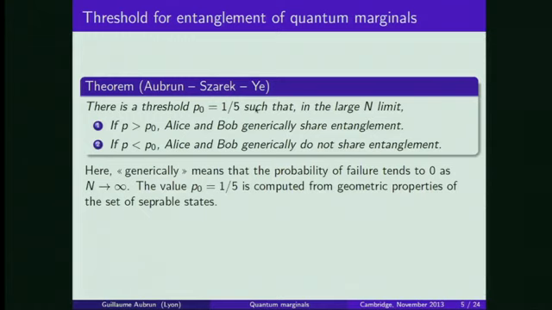And if you give less than P0 proportion, they will not share any entanglement. These statements hold generically, which means that the probability that they hold tends to 1 exponentially fast as n tends to infinity. And I will explain that the value P0 equal 1/5, this critical value, will be related to some geometric properties of the set of separable states.